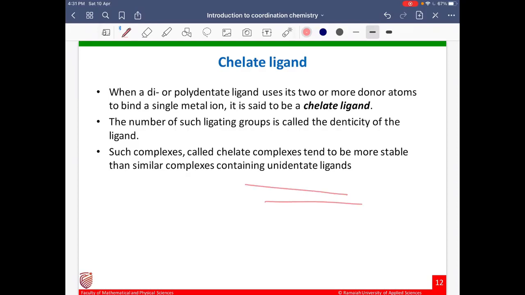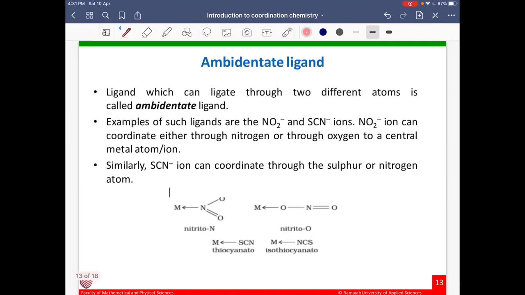So di or polydentate ligands, which can donate 2 or more donor atoms, can form chelates when interacting with a single metal atom or ion. And these complexes will have more stability compared to complexes containing unidentate ligands.